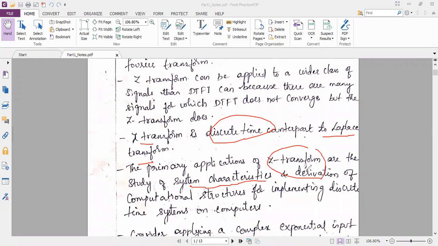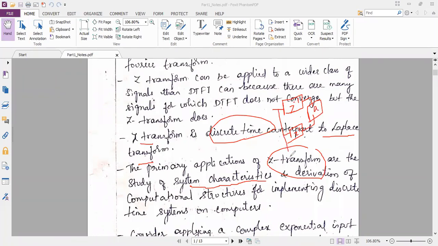In the next semester in DSP, you will be drawing the structure of the system. For example, I will draw one structure like this: Z inverse, and one more Z inverse, and everything goes to some variable.